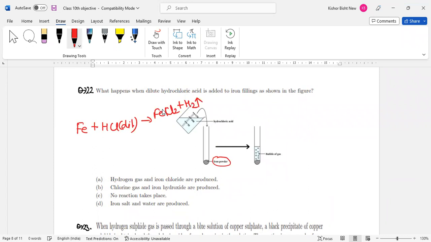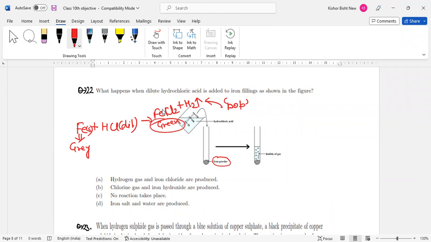This is a reaction of dilute acid with a metal. Please remember the color: FeCl2 is a green solution, and Fe iron is a gray solid. The hydrogen produced gives a pop sound when you take it near a burning candle.